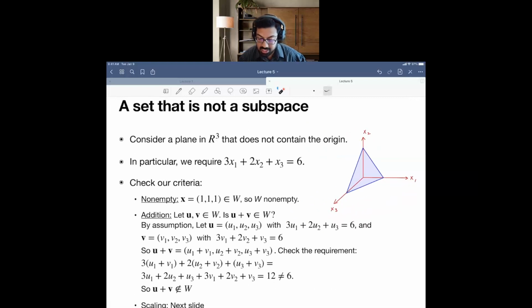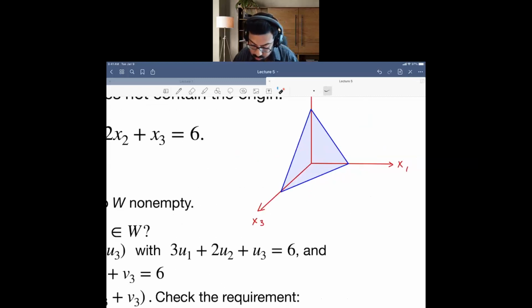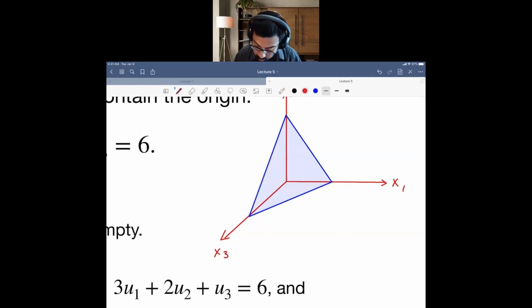Let's try to see if that satisfies our criteria or not. Check our criteria, 3 of them. Non-empty, is it empty or non-empty? Well, if I quickly check this, if I put x to be 1, 1, 1, what do I have? 1 here, 1 here, 1 here. It will meet our criteria, right? So let me just put a big blue dot here somewhere.